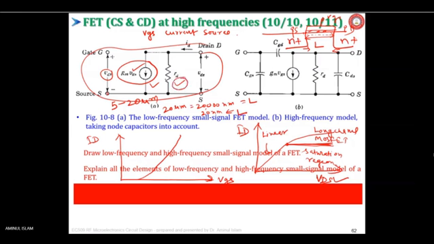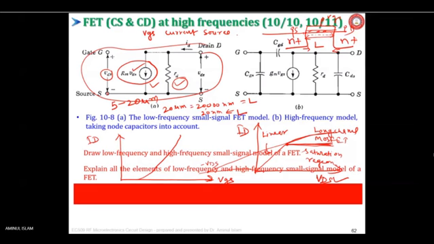This RD is because of the short channel effect. If you extrapolate it, it will be touching the x-axis somewhere at minus VDS, some VDS will be here, and this is called the early effect.